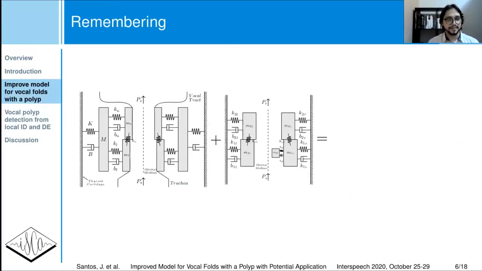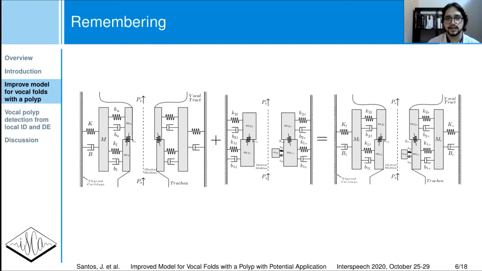So let's remember again. I said that these two models from Story and Titze and Zhang and Zhang were of specific interest for us because we wanted to join them, and this is our model based on both of these.